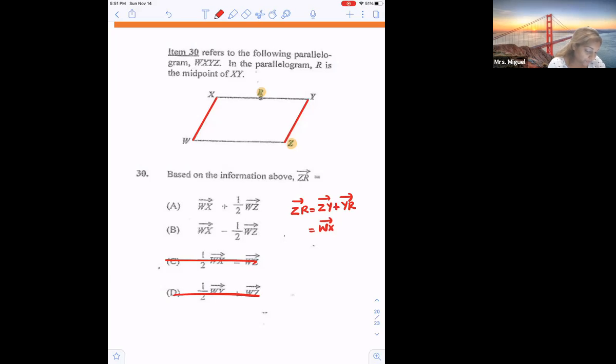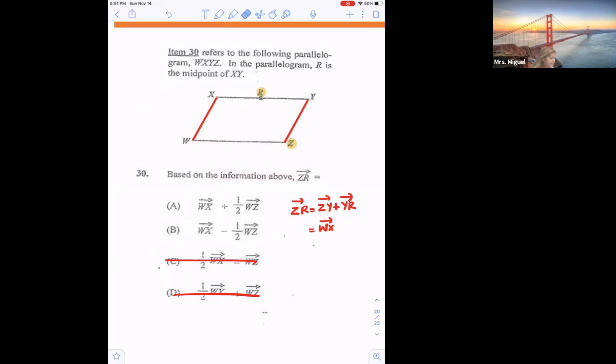Then I want to go from Y to Z. So it is really in the reverse. I'm not going in this direction here, but I'm going in the reverse direction. I'm going this way. I want to go from Y to R. So let's see here.